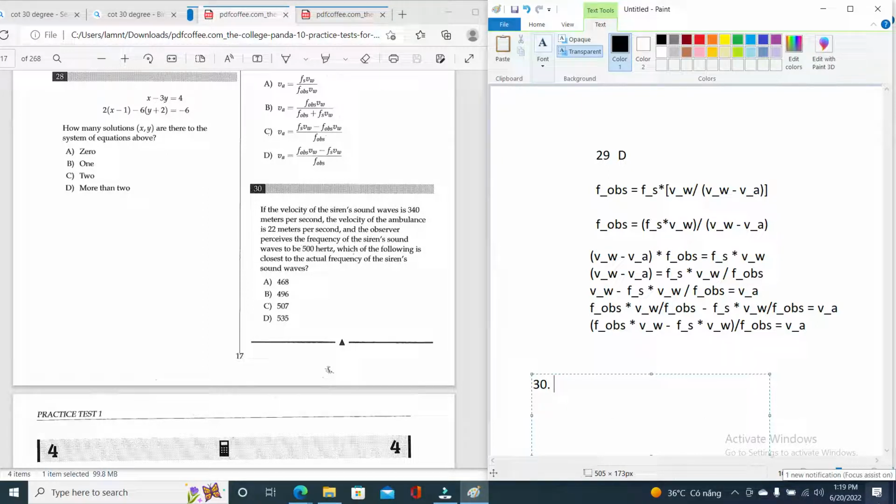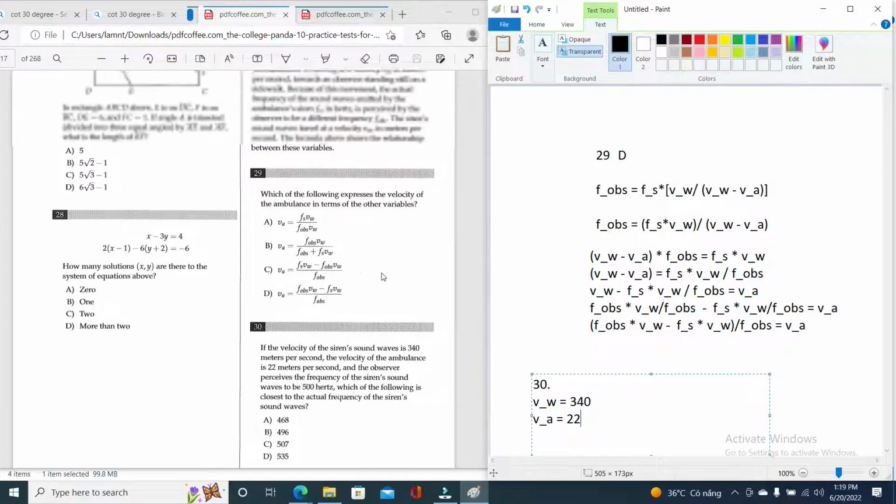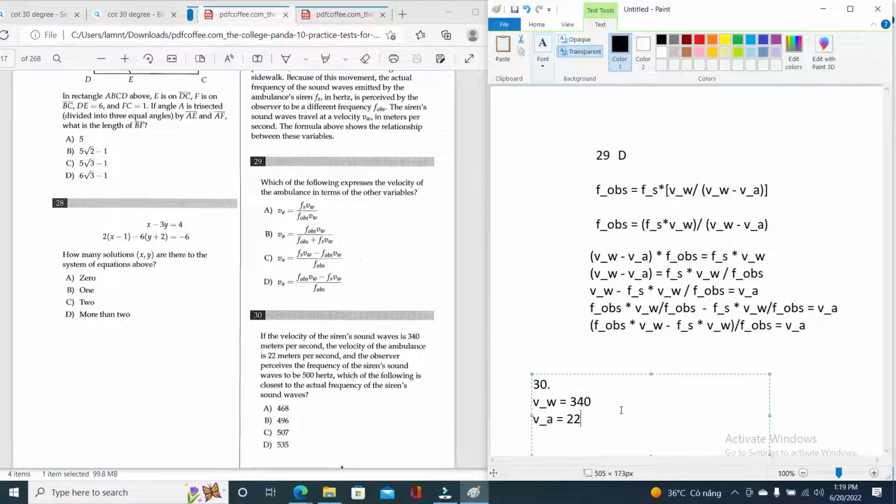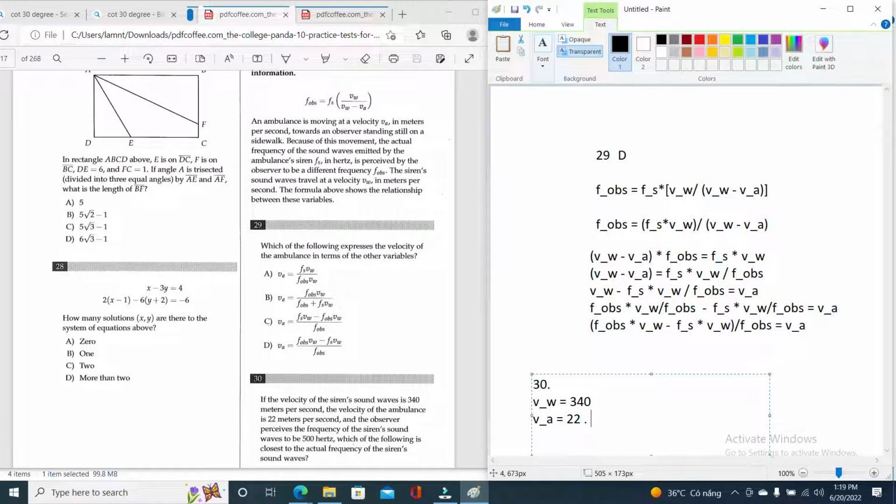So we have VW, right? VW is going to be 340. VA is actually 22, and we have that F observed is going to be 500 Hertz, so it's just 500.